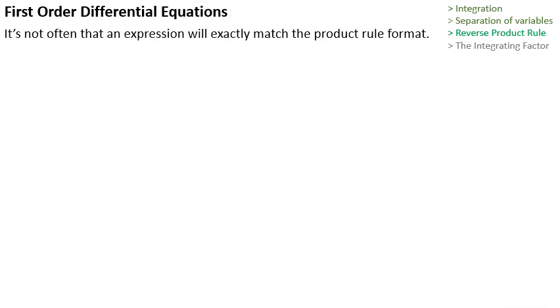Now, you may be feeling a little bit skeptical about the power of this method, the reverse product rule method, and you'd be right to be suspicious because it doesn't seem that likely that a randomly generated first order differential equation will allow itself to be written in the form of the reverse product rule.